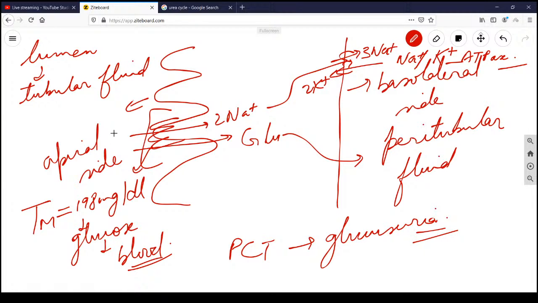The glucose will be filtered out through the glomerular capillaries. It will leak out through the podocytes, the pedicels and the filtration slit, and then be present in the filtrate, and then it can be reabsorbed. If the glucose level rises way beyond 198, suppose it is 300, it has reached its transport maximum and surpassed it, so the remaining glucose, 102, will be thrown out through the urine.